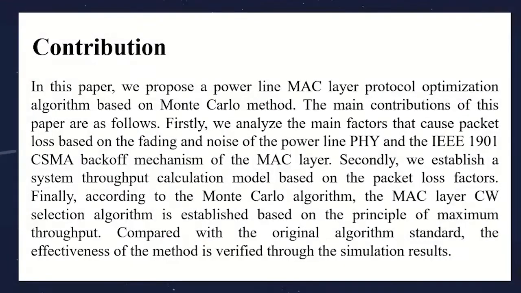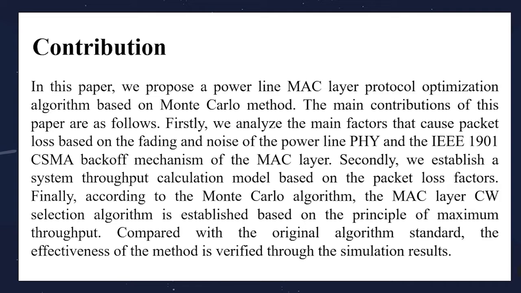Based on the existing research background, the main contribution of this paper is: firstly, we analyze the main factors that cause packet loss based on the fading and noise of the power line physical layer and the CSMA backoff mechanism of the MAC layer. Secondly, we establish a system throughput calculation model based on the packet loss factors.